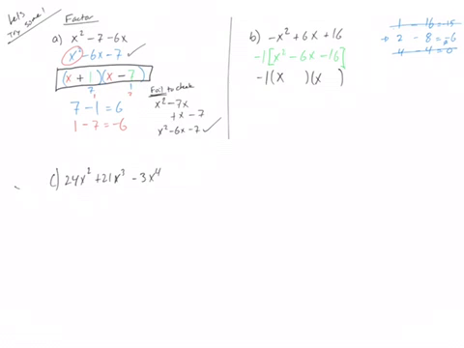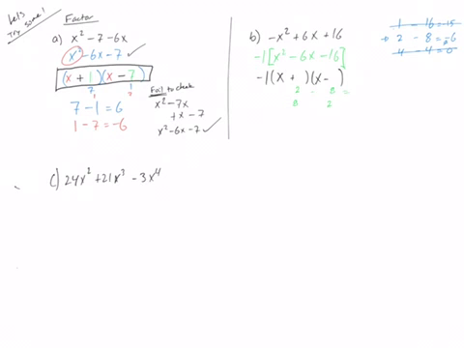So now let's look at the signs. This last one is negative, so one side is going to be positive, one side is negative. So I need to think about, do I want to put the 2 here and the 8 here, or do I want to put the 8 here and the 2 here? Well, since this sign in here is positive, that means this number is going to be positive, so I'd be saying positive 2 minus 8.